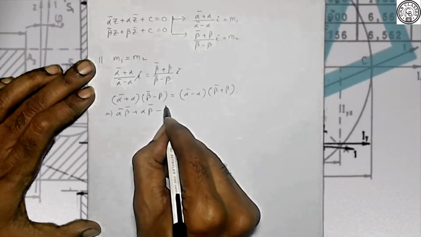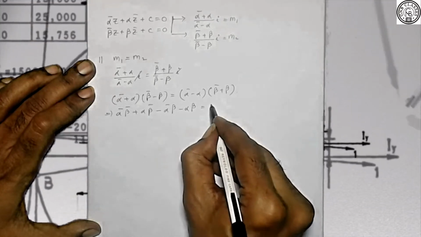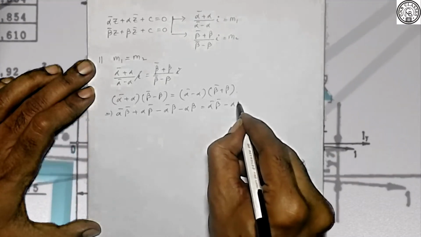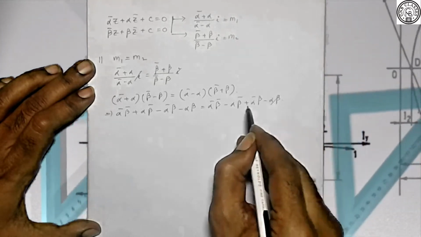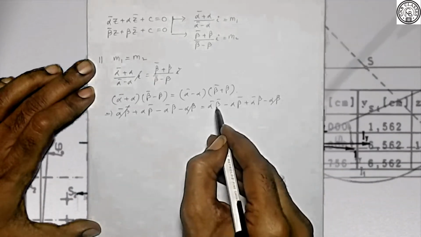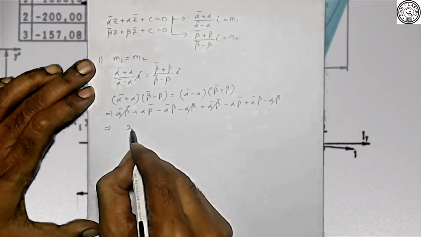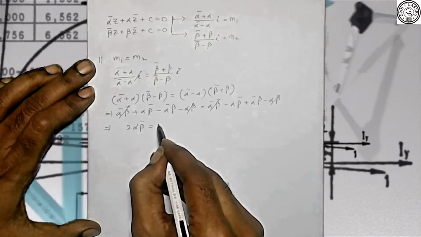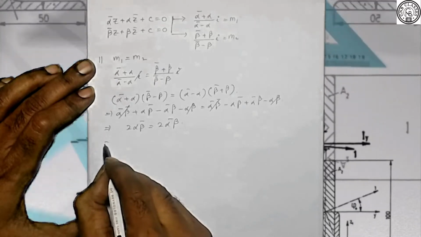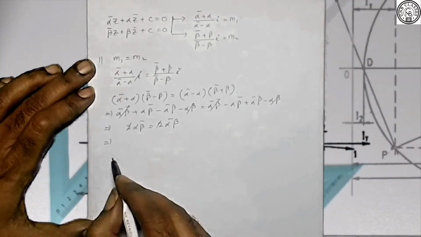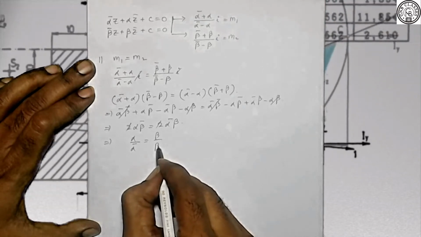Simple multiplication. Nothing complex is there. Is it fine? Now this goes off. Alpha bar beta bar goes off, right? So what we are having basically is 2 alpha beta bar equals to 2 times alpha bar beta, right? So from here 2 goes off again. So it's alpha by alpha bar equals to beta by beta bar.